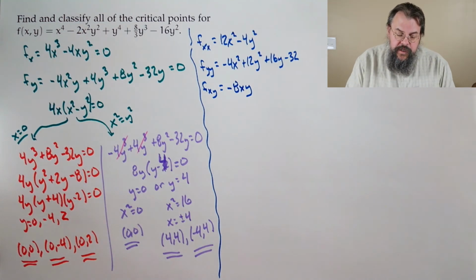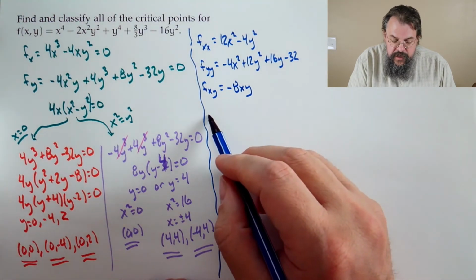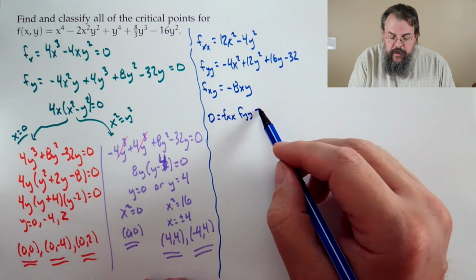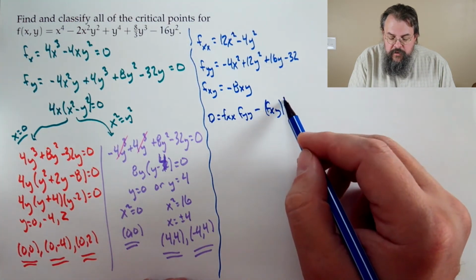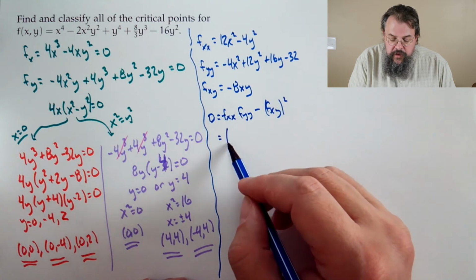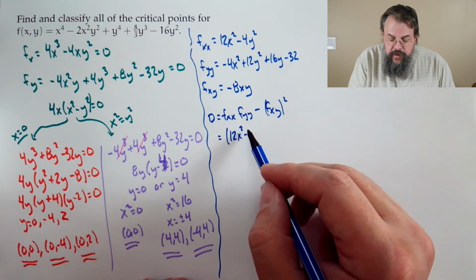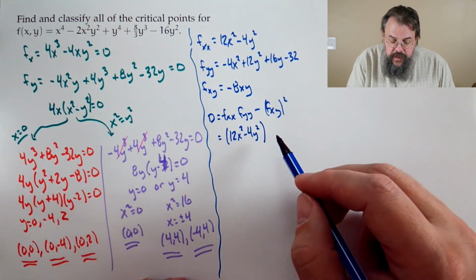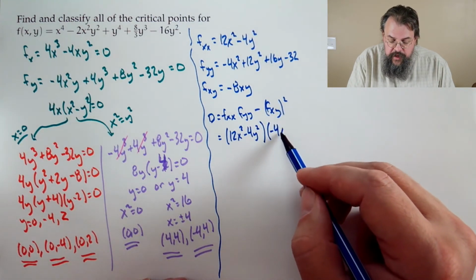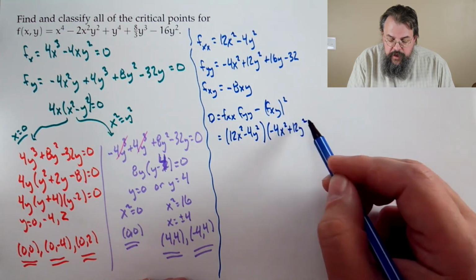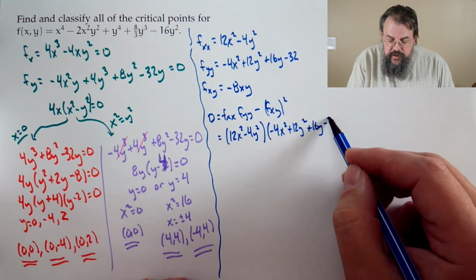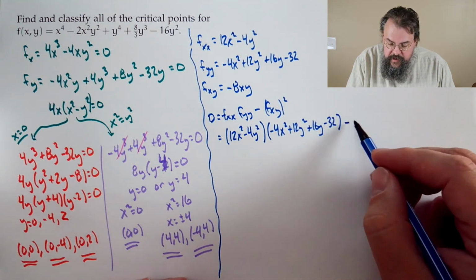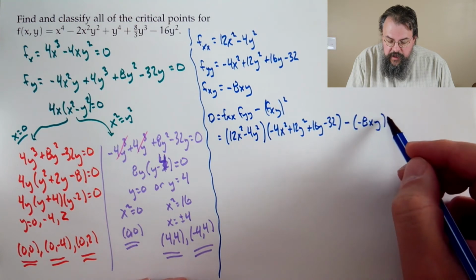And the way we test, of course, is we plug it into this expression, D, which is our fxx times fyy minus fxy squared. 12x squared minus 4y squared, times this, minus 4x squared plus 12y squared plus 16y minus 32. Subtract minus 8 times x times y squared.